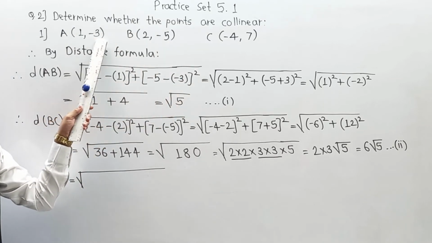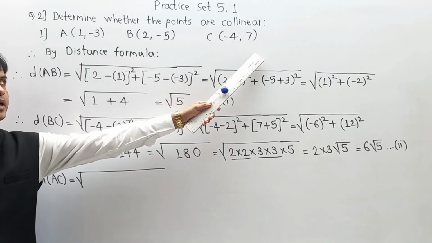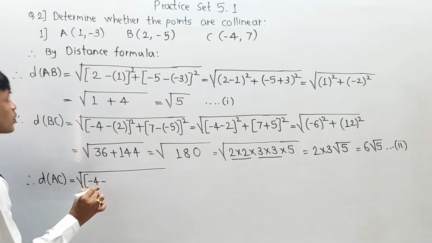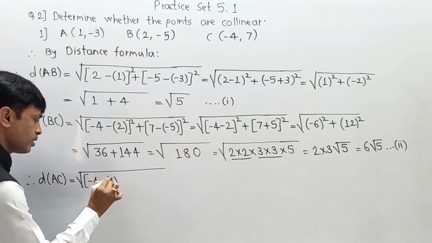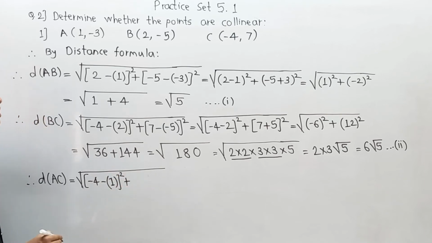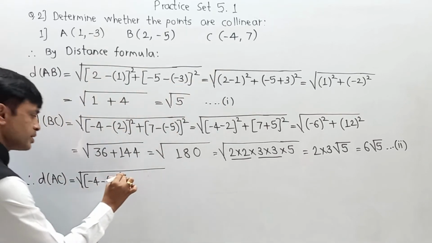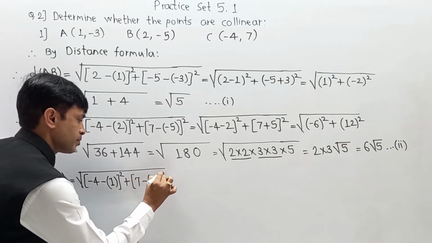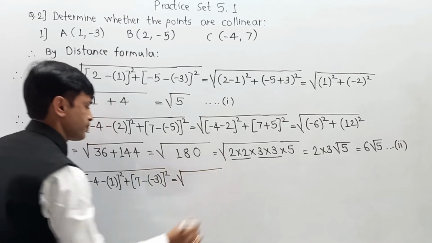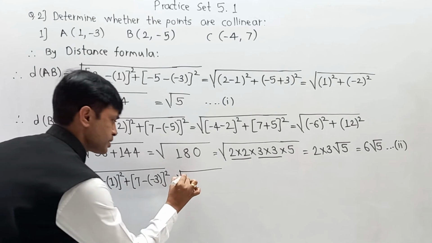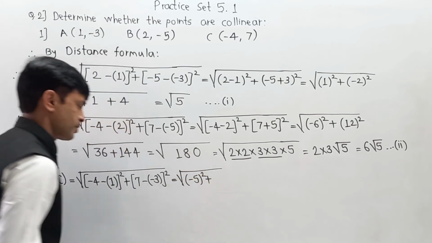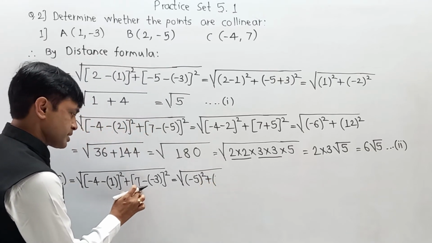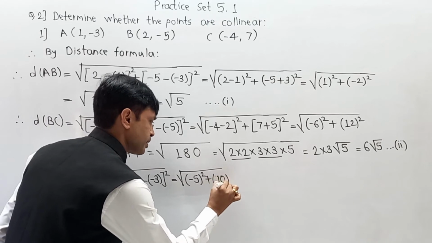Here x1, y1 is for the first point and x2, y2 is for the second point. So here x2 minus x1 bracket square means minus 4 minus 1 bracket square, plus y2 minus y1 means 7 minus minus 3 bracket square, is equal to minus 4 minus 1 means minus 5 bracket square, plus 7 minus of minus means 7 plus 3, and 7 plus 3 means 10 bracket square.